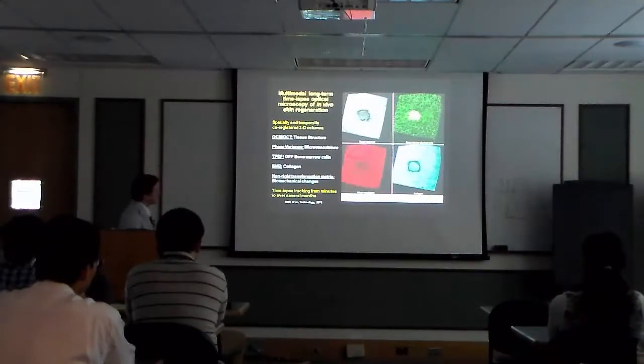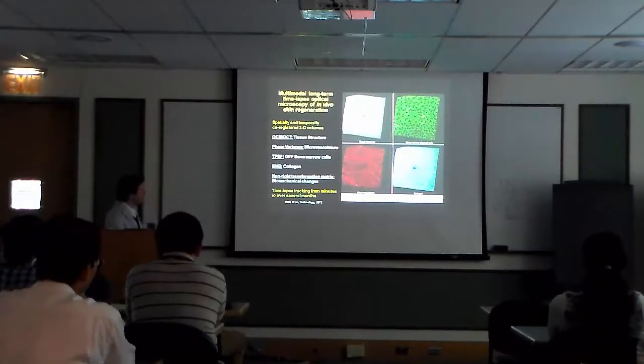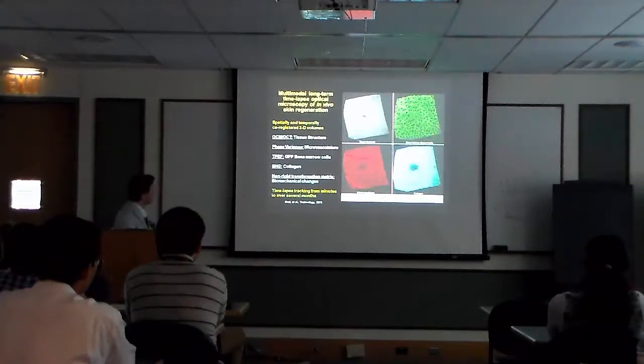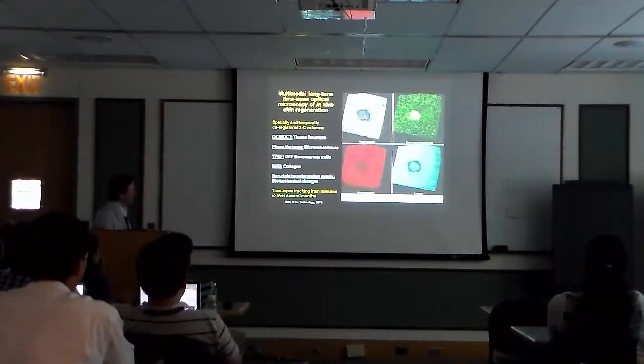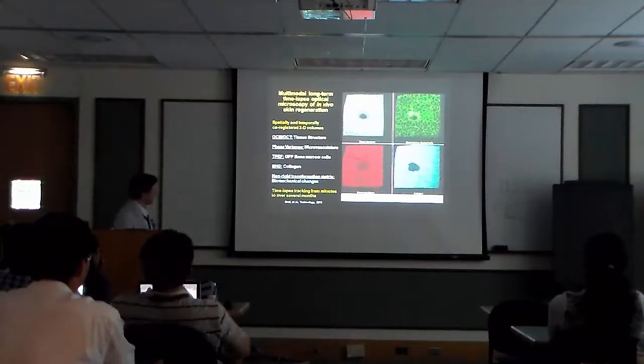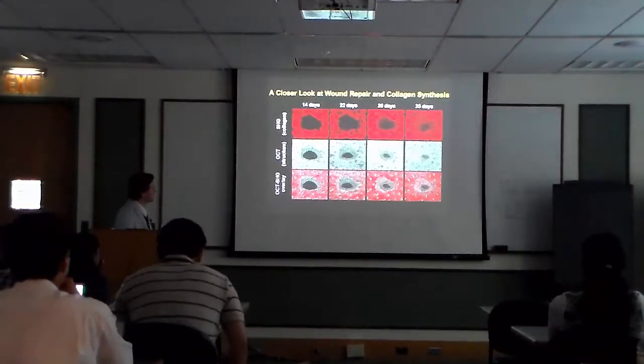And finally, the SHG channel, which again shows that collagen that's beginning to fill in and become organized and acquire that signal. So just a wealth of information that we can acquire with this type of system.